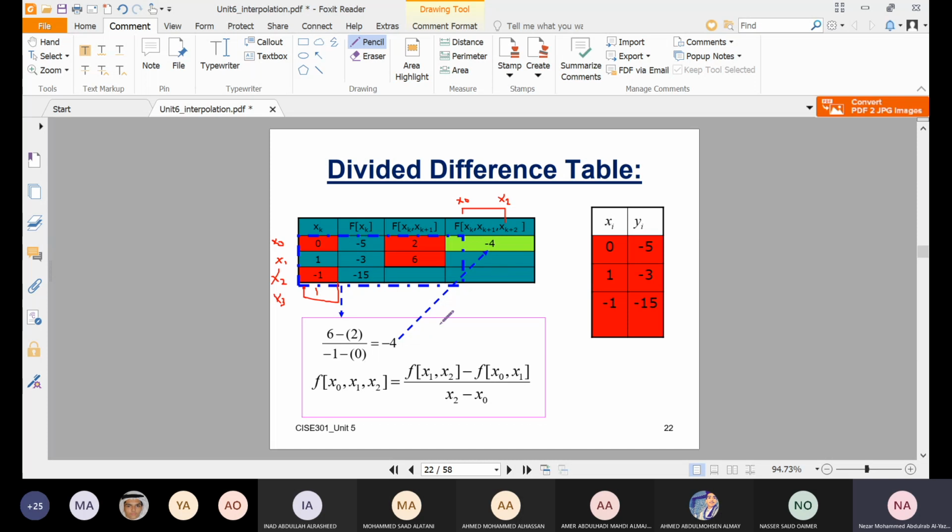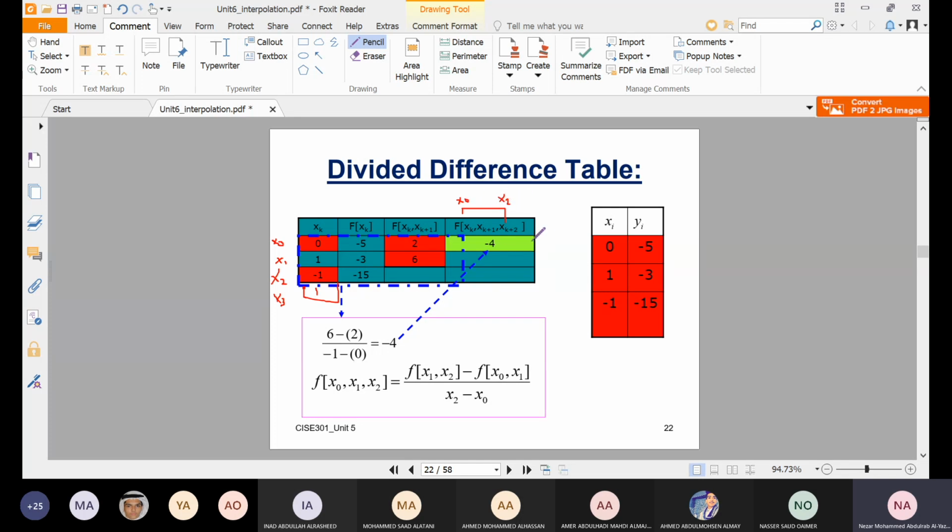So I will use the first divided difference here; no need to compute it again. I will take the difference, 6 minus the other value, over the interval, 1 minus 0. Because here I have the interval between 2 and 0.